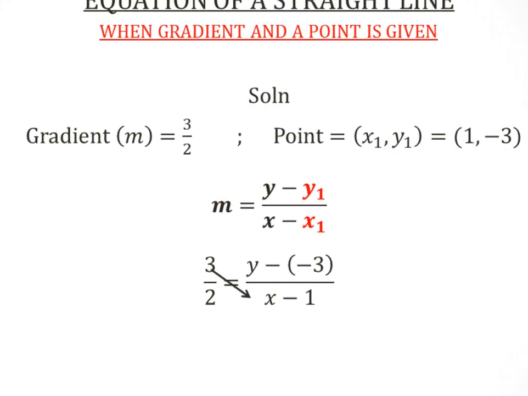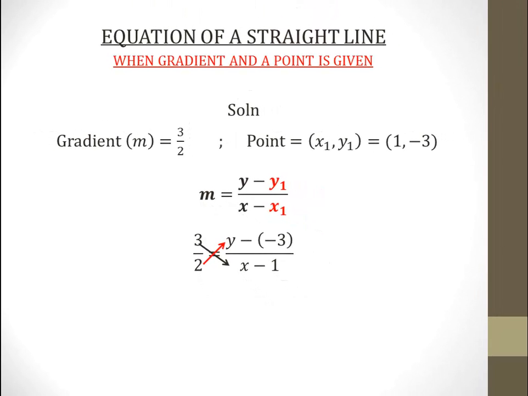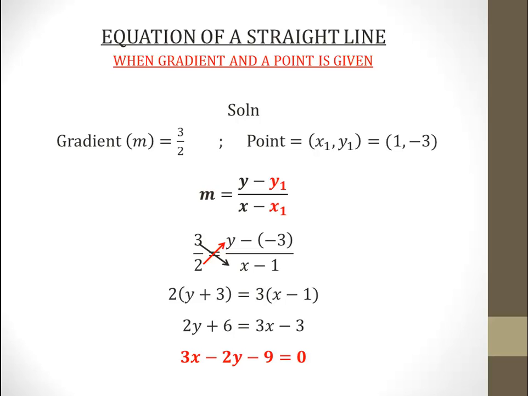So 3 is going to multiply the denominator, and then 2, which is the denominator on the left hand, is going to multiply the numerator. And so when you multiply, this is going to give you a linear form. So you expand. So we have 2y plus 6 equals 3x minus 3.